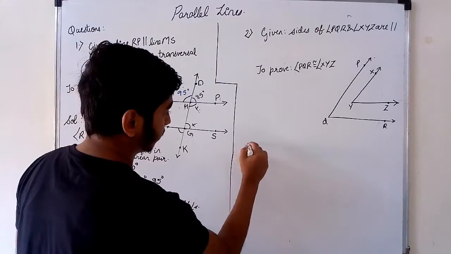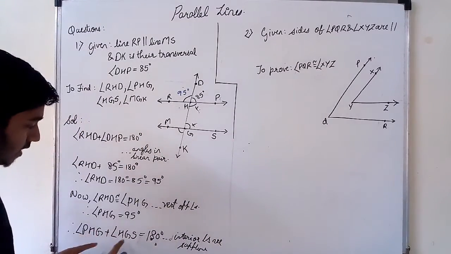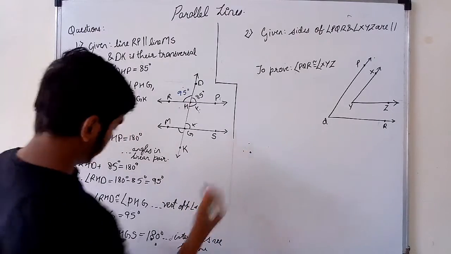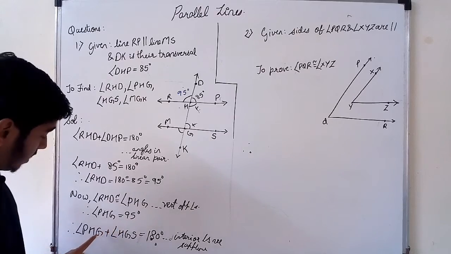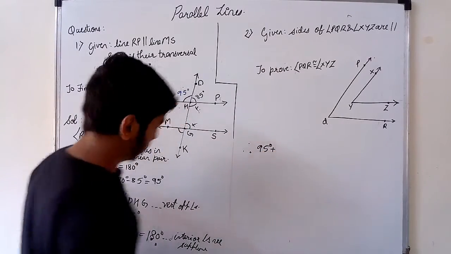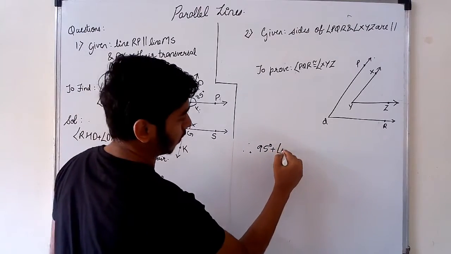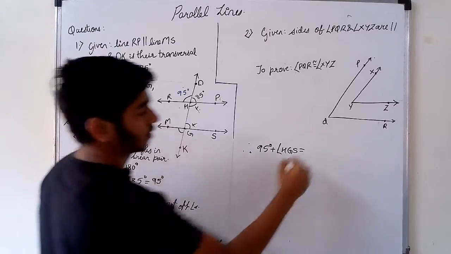Therefore we can find, we'll substitute now. We have PHG as 95, so we'll substitute 95 plus HGS equal to 180.